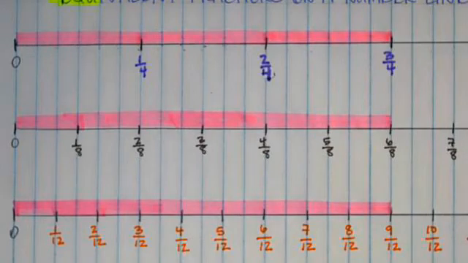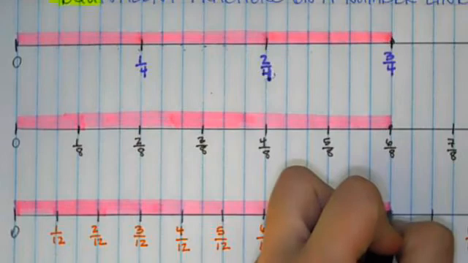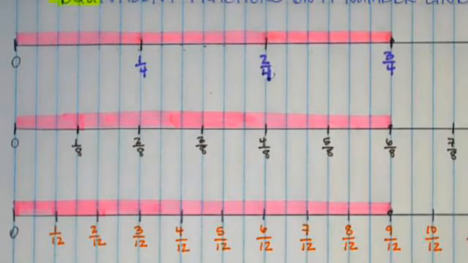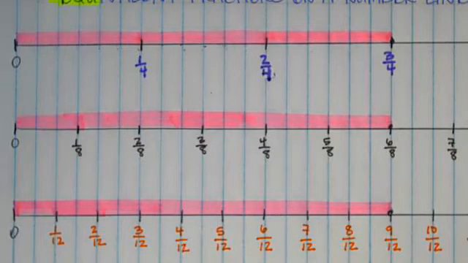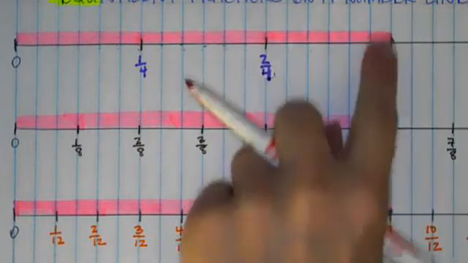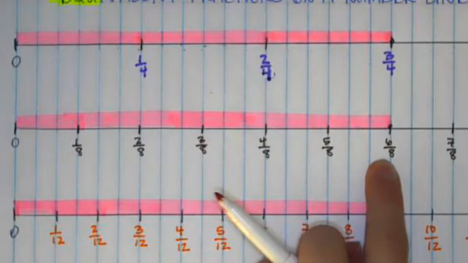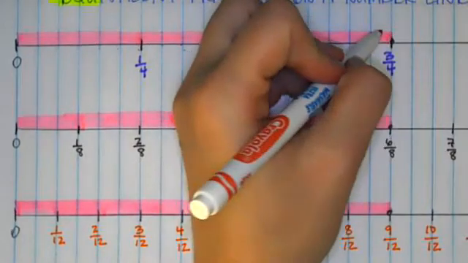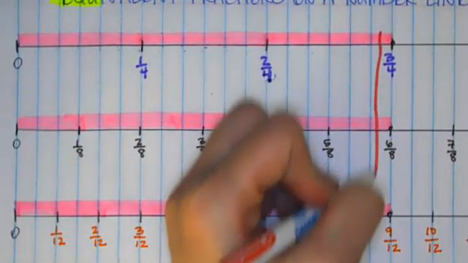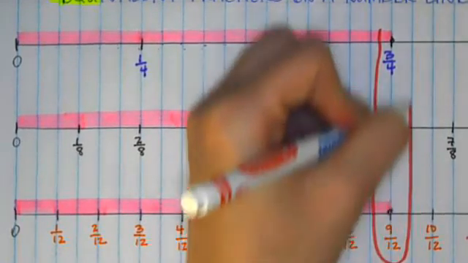They are equal in amount. Now, the fraction names might be different. They may all have three different names, but the amounts are equivalent to each other. So 3/4 is equivalent to 6/8 as well as 9/12. All three of these amounts are equivalent to each other.